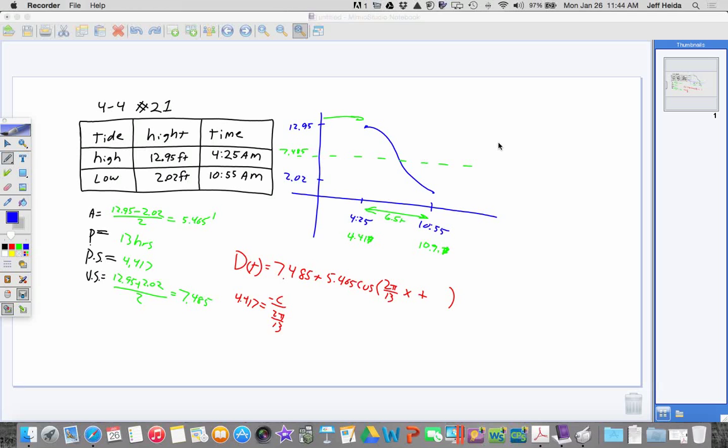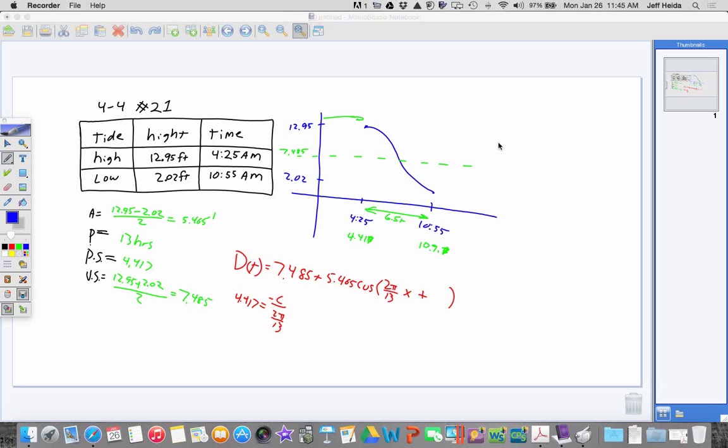Well, if you just multiply it out, just do the 2 pi over 13, which is 0.483. It would be 2 pi over 13 times 4.417.